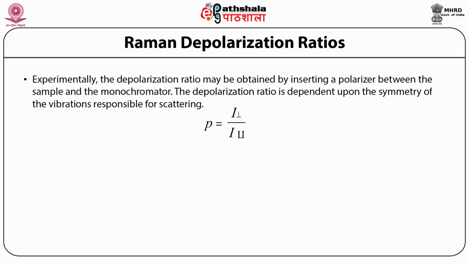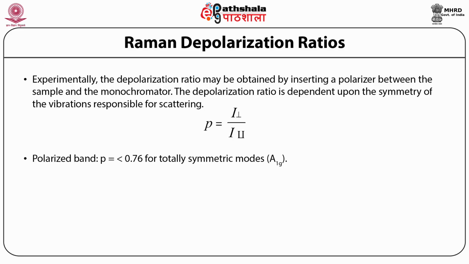Experimentally, the depolarization ratio may be obtained by inserting a polarizer between the sample and the monochromator. The depolarization ratio is dependent upon the symmetry of the vibrations responsible for scattering. Now, polarized band.